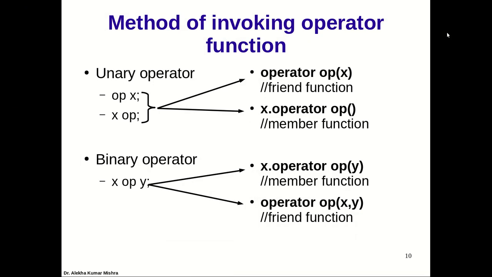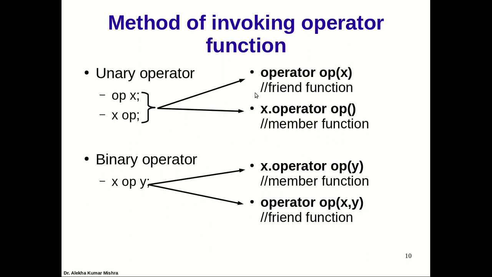Now, a quick syntax of a unary operator or binary operator used as a friend function or as a member operator function. For example, say we use a unary operator OP: OPX is generally postfix, and this is prefix. We use double plus and double minus as prefixes and postfixes.